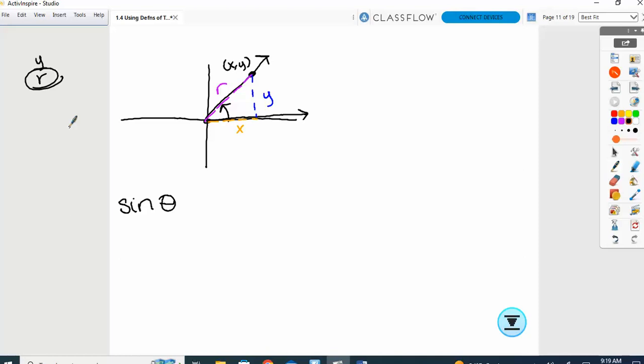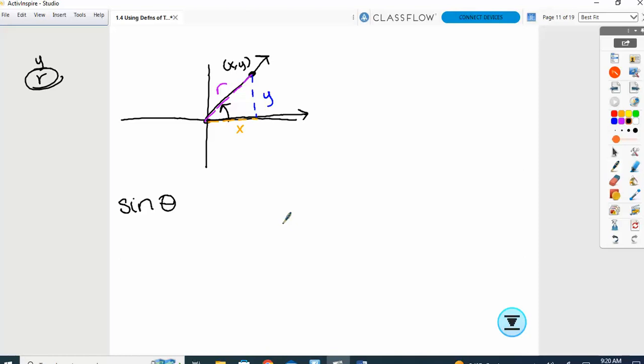Now, we've also seen, is it possible for sine to equal 0? Like when we're laying on the x-axis. And is it possible for sine to equal 1? Like if I'm up here, then y and r are the same. So we can hit 0, we can hit 1, but we can't have anything bigger than 1. Does that seem reasonable? And we know that sine can be negative if we fall in the other quadrants.